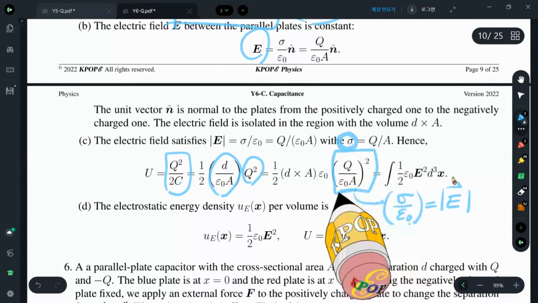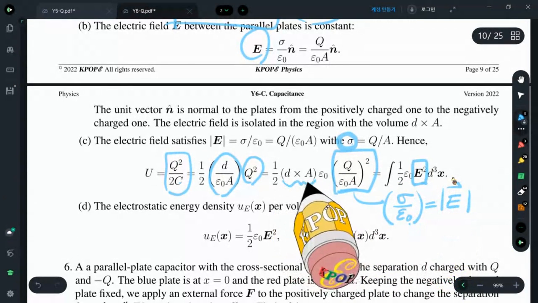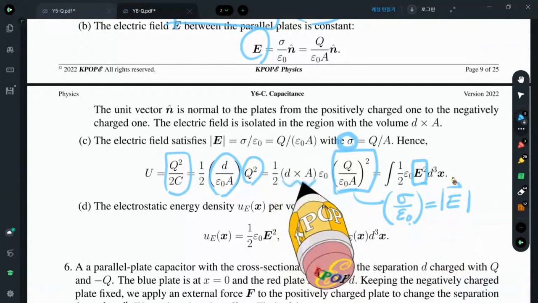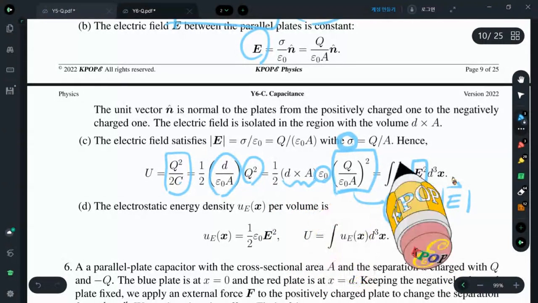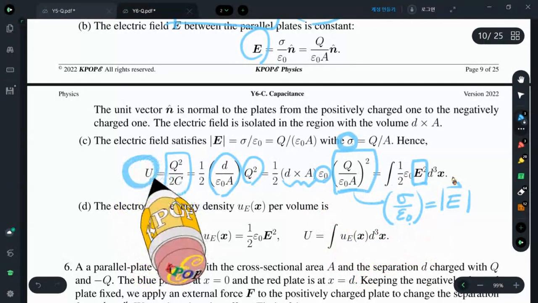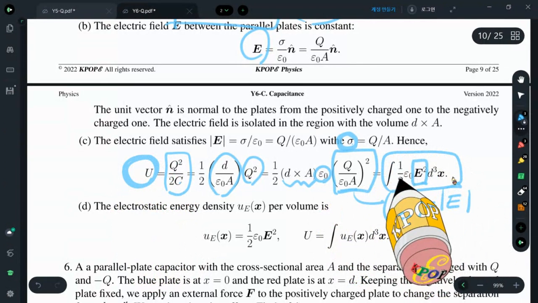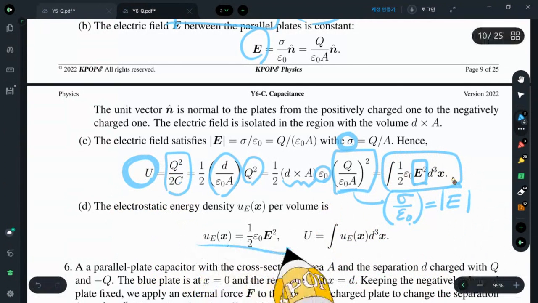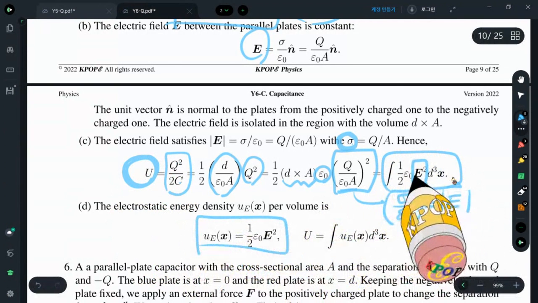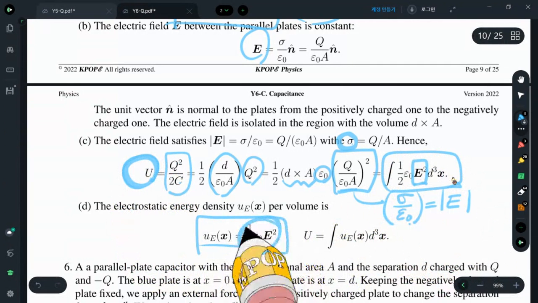So we pull this electric field squared in here, and D times A is the volume inside the parallel plate capacitor, and we have a coefficient epsilon 0. Therefore, this electrostatic potential energy is identical to the volume integral of 1/2 epsilon 0 electric field squared. Because this volume integral is the energy, we say this is the energy density of the electric field.